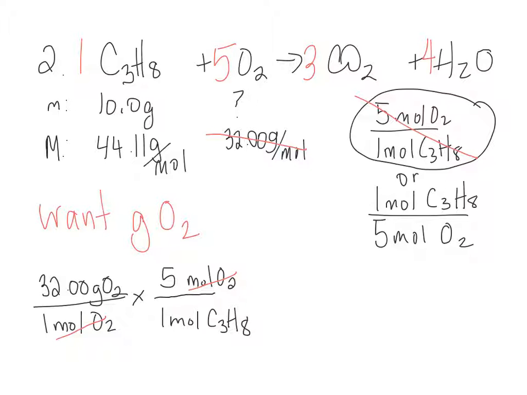It's gone from our first ratio. But we've now introduced moles of propane. We want to get rid of moles of propane. Is there anything up there that has moles in it and it refers to propane?